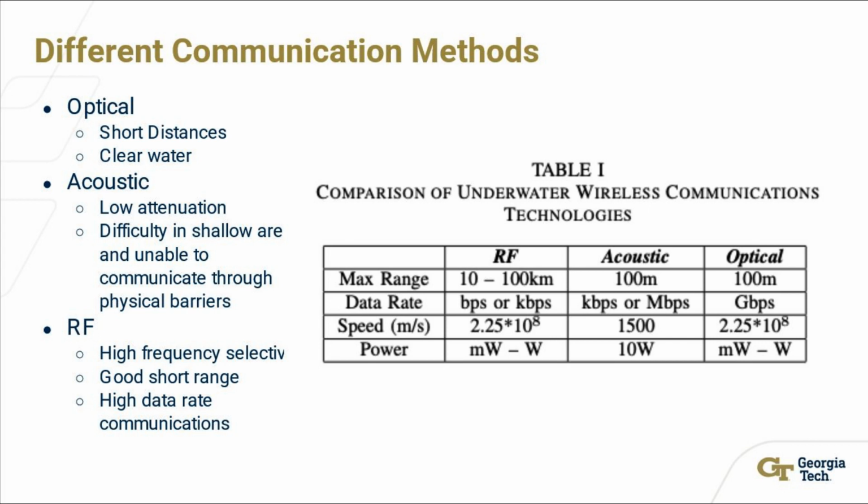While RF is used during high frequency selectivity, it's good in short ranges, and it's high data rate communications. On the right, you can see a table that shows the comparison of underwater wireless communication technologies, seeing the max range, data rate, speed, and power, and how they compare between the three different communication methods.